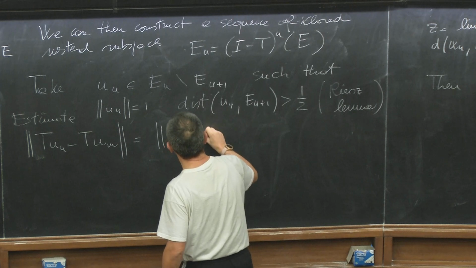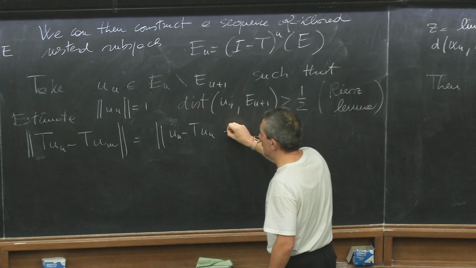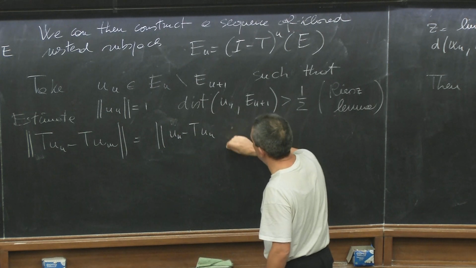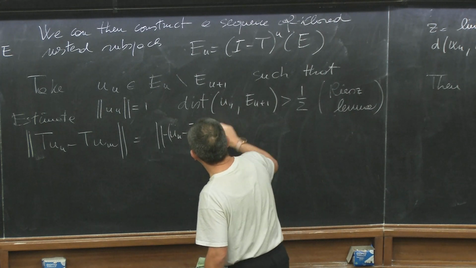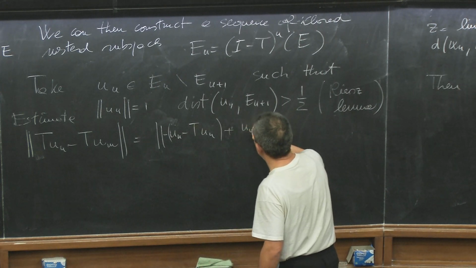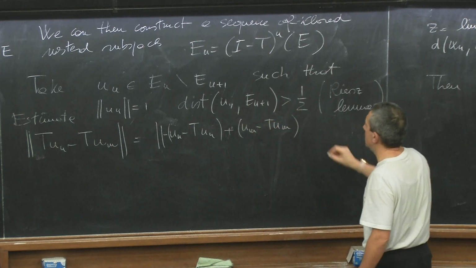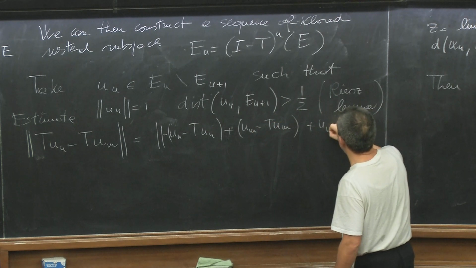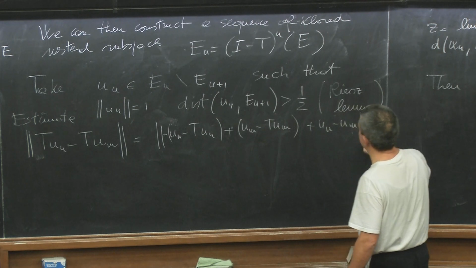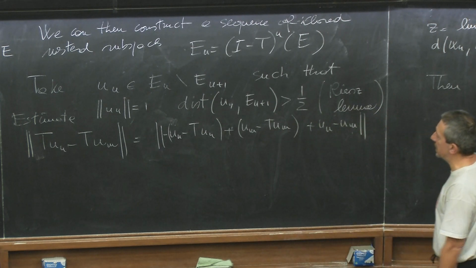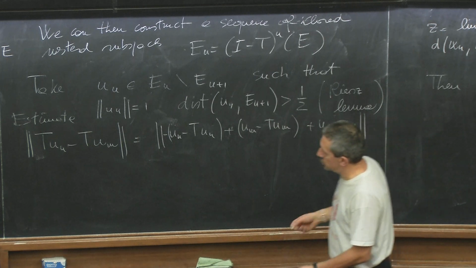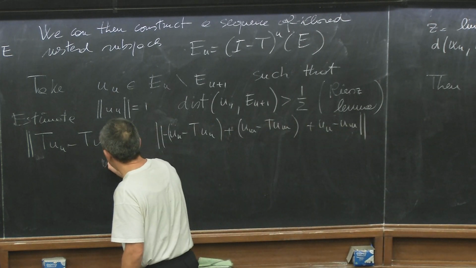Un minus T un, plus, with the minus, minus T um. And what is left is plus un minus um. And now we do the observation. Let's assume that m is less than n.